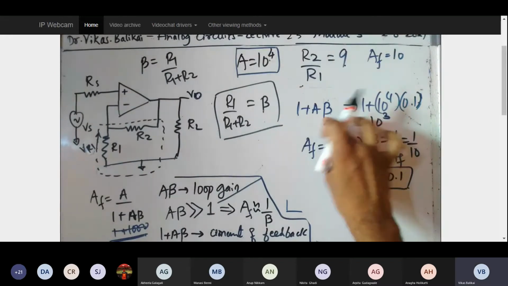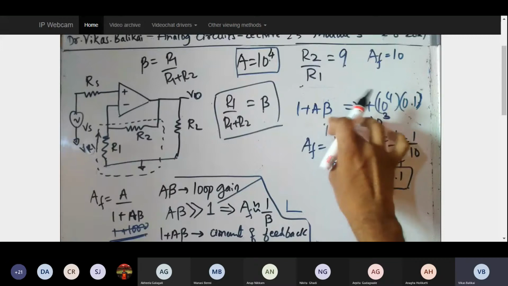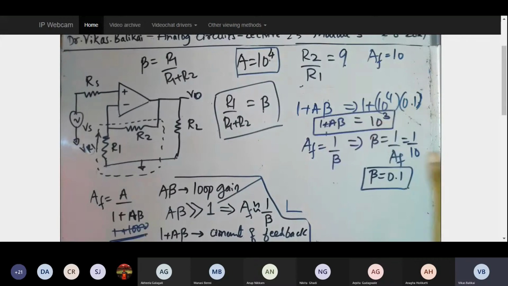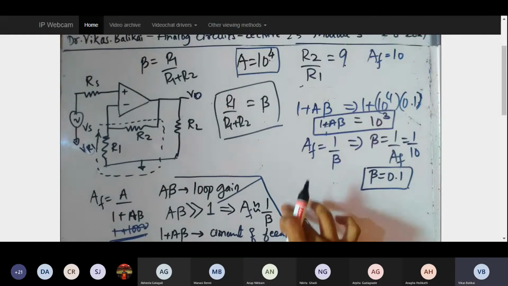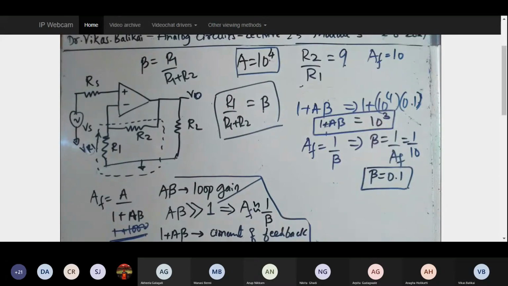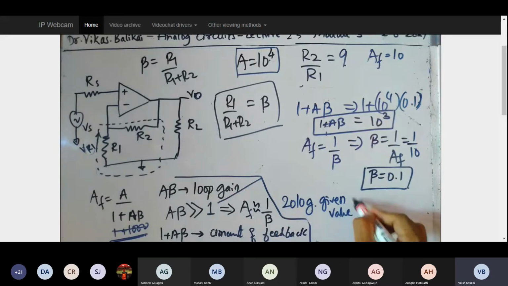10 raised to 3. So this I should write in terms of decibels. How do I write it? How do you convert a given value into decibels? It's 20 log of that given value. So what is the given value? The obtained value is 10 raised to 3.